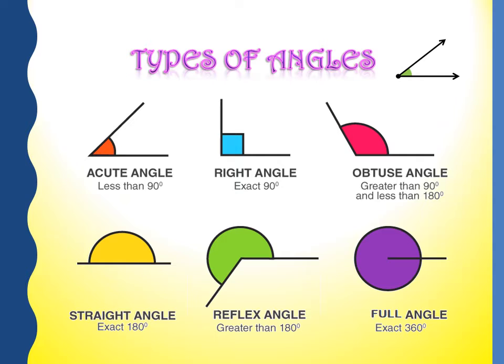And now let's know that there is an angle which is called the reflex angle. The reflex angle, its measure is greater than 180 degrees, and the full angle, its measure is exactly 360 degrees.